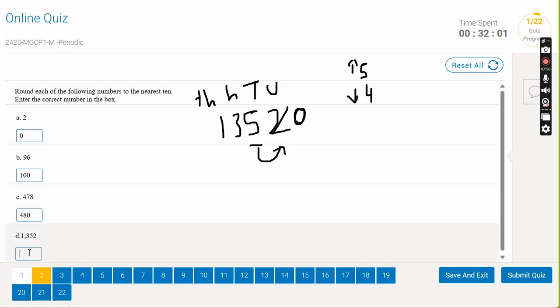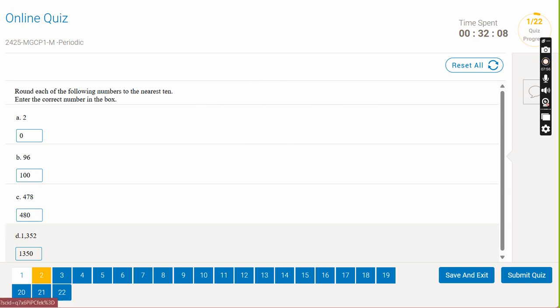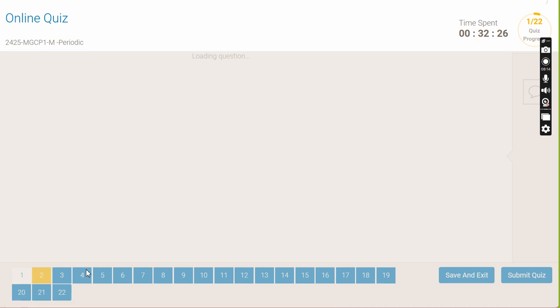So it will end in a 0. 1350. What I mean by it will end in a 0 is that tens also has 1 zero after it. The same thing will happen when you're rounding them. And that's what happened, right? We ended in 0 in all of them, even if they rounded up or they rounded down. Okay, let's go to the next one.